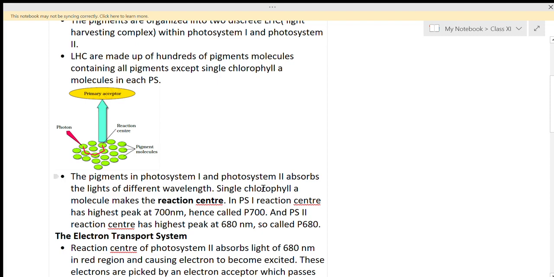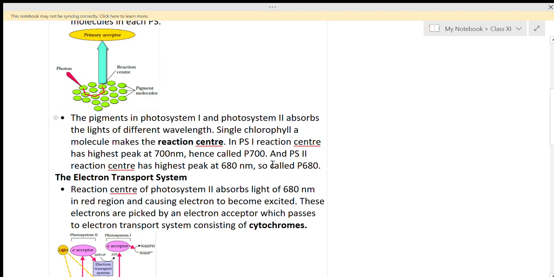Now, as the names indicate, photosystem 1 and photosystem 2. But the firstly discovered photosystem was photosystem 2, and photosystem 1 was discovered later. There is a difference between photosystem 1 and photosystem 2.